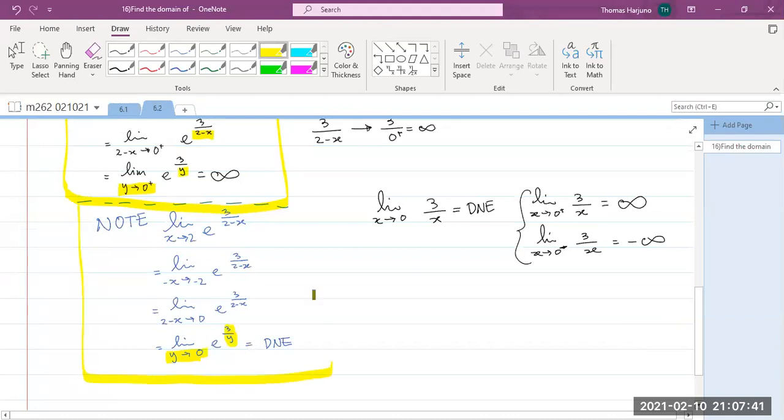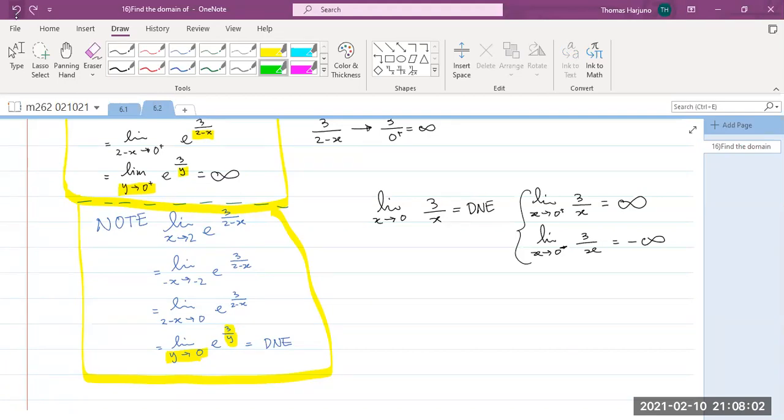What if they forget to put that from the left-hand side notation? Then the answer will be totally different if they're missing the negative notation here. So you need to think of approaching 2 from both sides, not only from the left-hand side. Does it make sense?